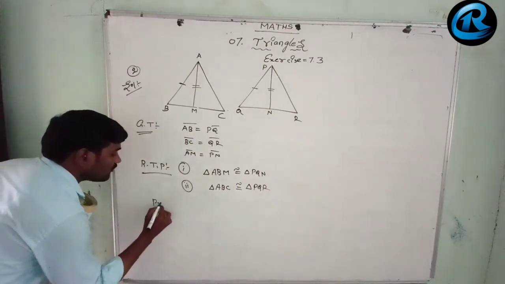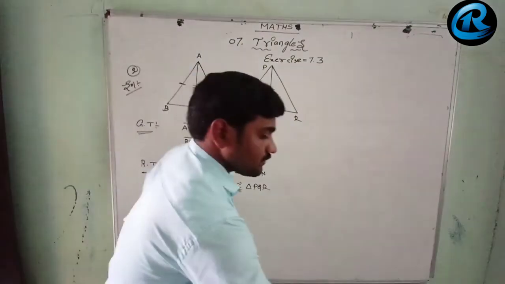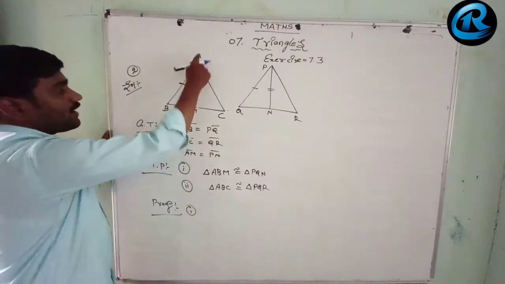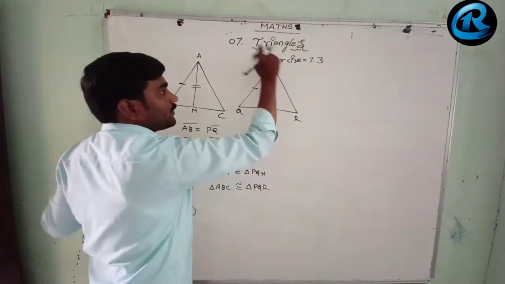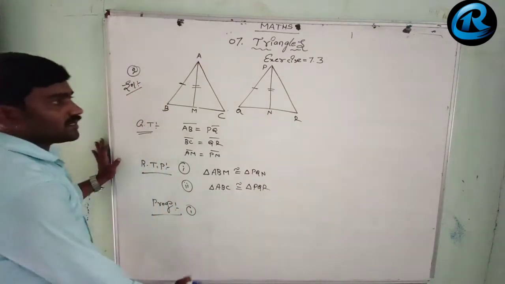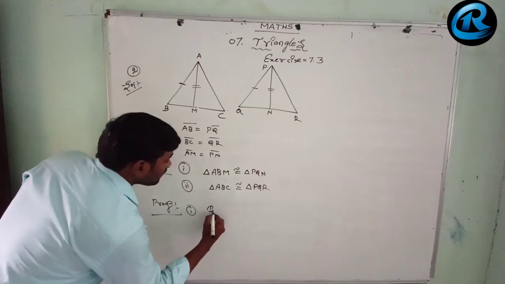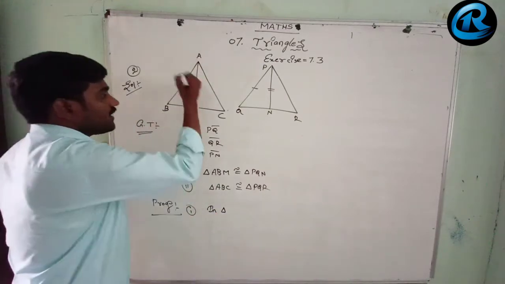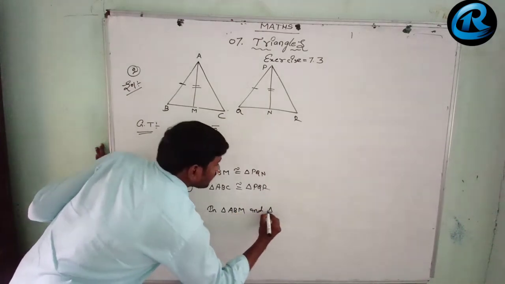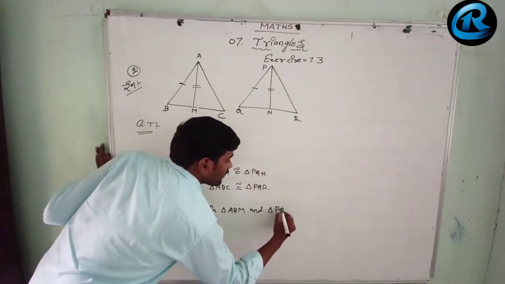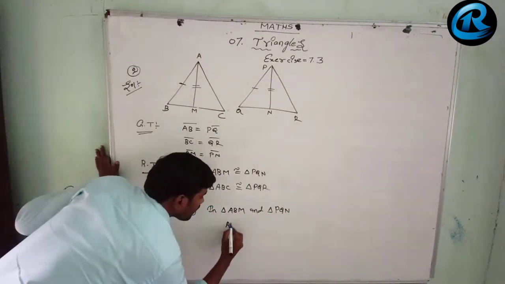Okay, let's go for the proof. The first one we will prove here. Triangle ABM, we have to show it is congruent to triangle PQN. So how can we prove that? First of all, in triangle ABM, whichever he asked us to prove, let's take those, and triangle PQN. Taking these two, let us see that AB equal to PQ, already given, no?